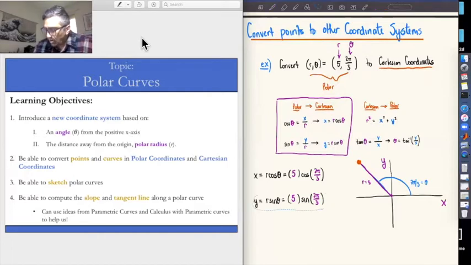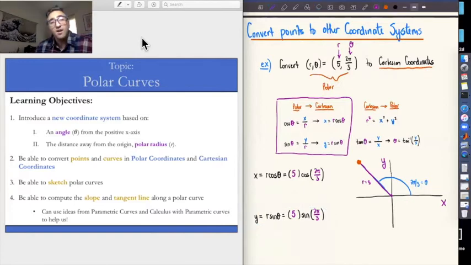So let's take this one little step further and remember what we know about the cosine and sine of certain angles. Well, in this case, 5 is equal to 5. Cosine of 2 pi over 3 is equal to negative 1/2. And sine of 2 pi over 3 is equal to square root of 3 over 2.